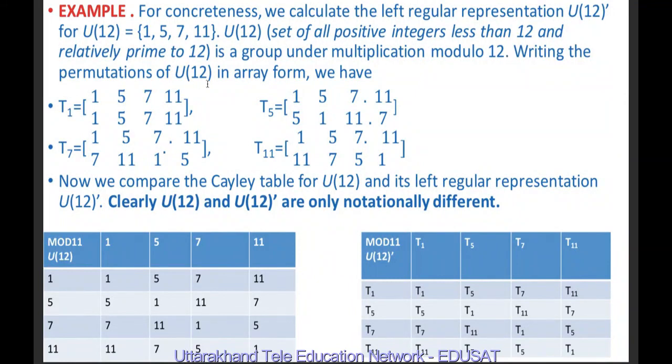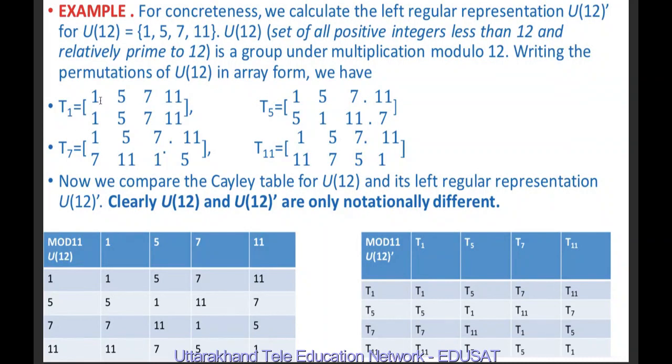Writing the permutation of U12 in array form, we have T1 is equal to, in the first row I have 1, 5, 7, 11. If we operate 1 with the elements of the first row, we get, here remember the operation is multiplication modulo 12.